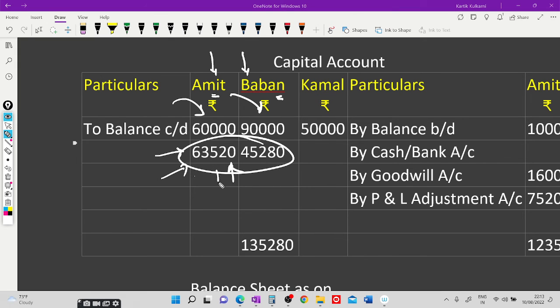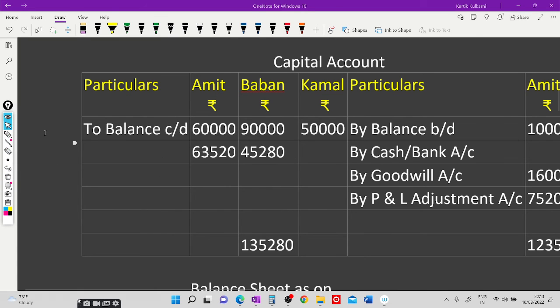So these amounts, 63,520 and 45,280, have to be withdrawn. Since there is excess capital, it has to be withdrawn, but they are instructing us to adjust this excess capital by loan account. So they will not withdraw the capital in cash, but instead they will show it as loan.